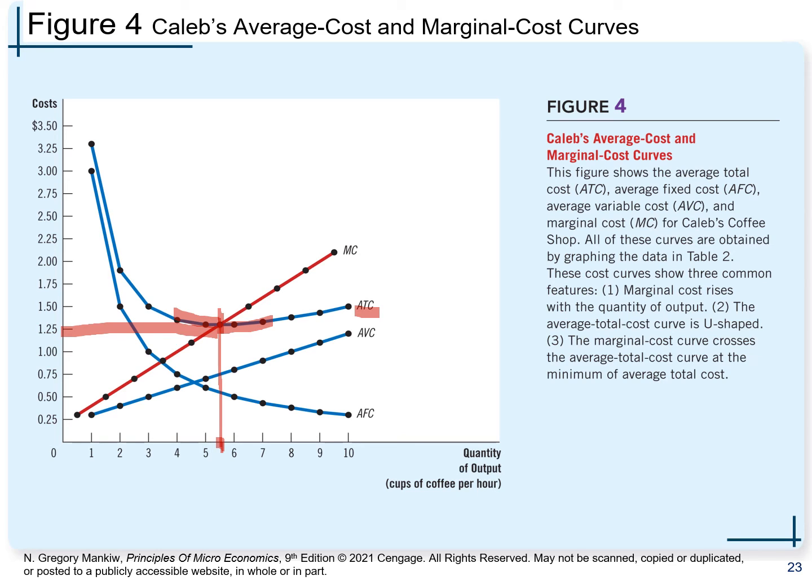If you make 5.5 coffees or whatever, it costs $1.25 per unit. Then if you make more, let's say you make 8 units, the cost is higher.